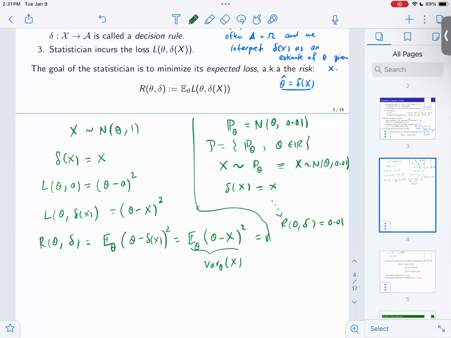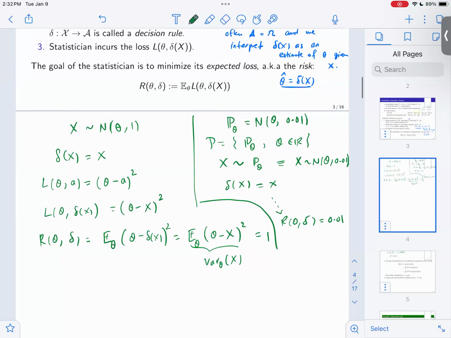I understand that it's the variance, but how do you directly draw it from the expectation? So let's see, this last line. Is this part okay? Yes. And this is okay, right? And what I'm saying is this is the variance of X.